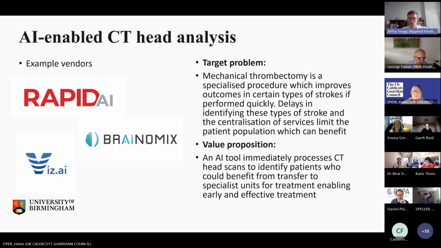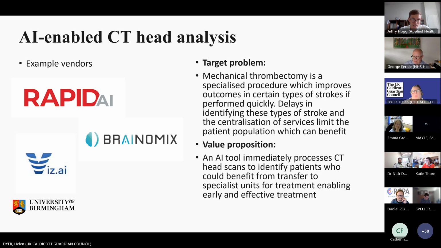What they do is target a problem where certain types of stroke are amenable to a treatment that needs to be given quite urgently, called mechanical thrombectomy, which is the removal of the blood clot that's caused the stroke. But this is given in quite centralized units. So once a CT has been done, it needs to be quickly decided that they need this particular treatment and they need to get to a center that can do it.